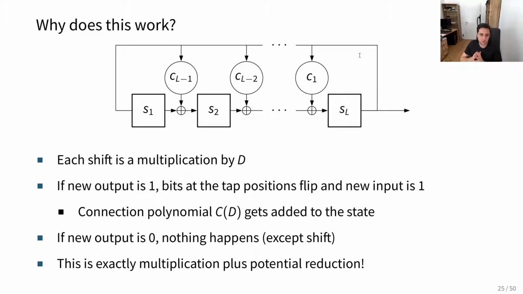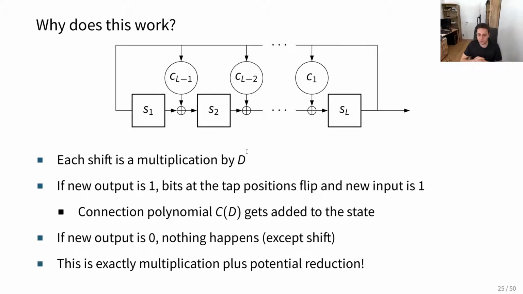But the question is, of course, why does this work? There is a very intuitive explanation. I think it's much easier to see with the Galois LFSR, so we can think about what this operation actually does. If we generate the next output bit, we essentially do a shift operation. And this shift operation is, in these polynomial terms, a multiplication by D. You can also think about it in software.